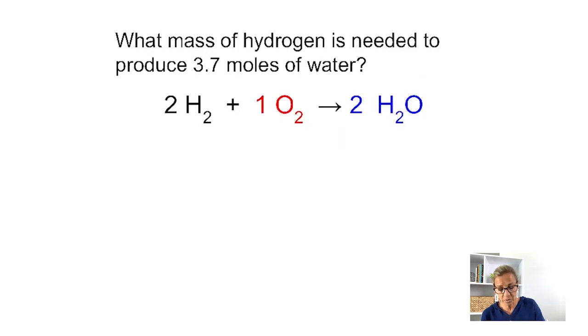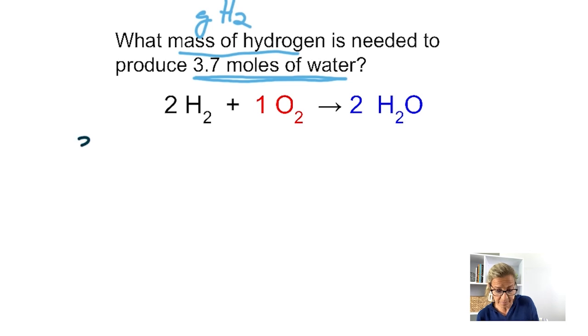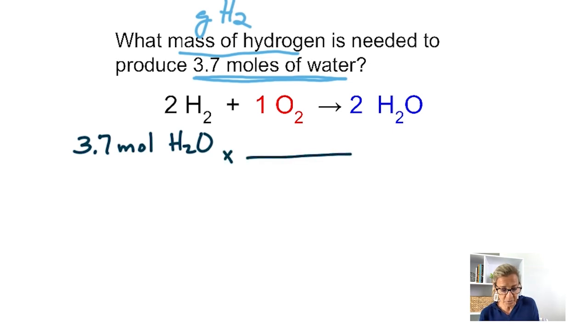So I'm going to start with moles of water, and I'm going to find grams of hydrogen. Okay, mass means grams of hydrogen. So let's go ahead and write the given. I've got 3.7 moles of water, and I want to go to grams of hydrogen. Can I go there directly?